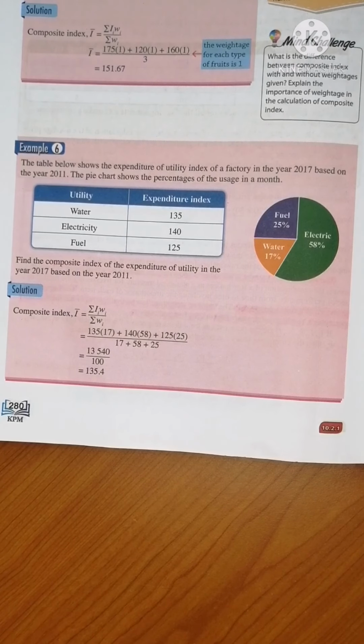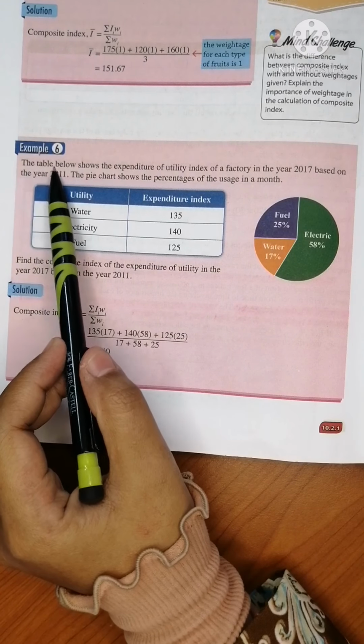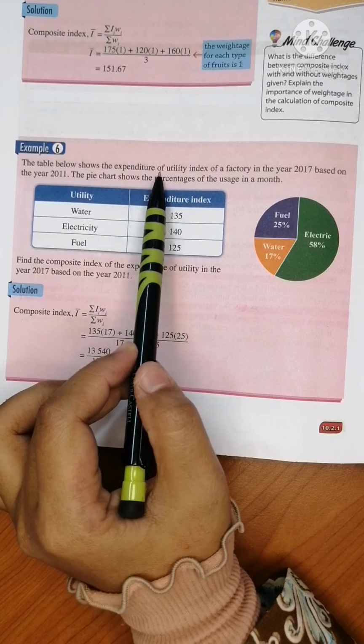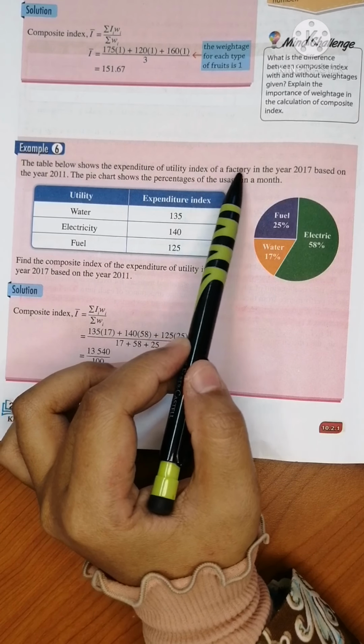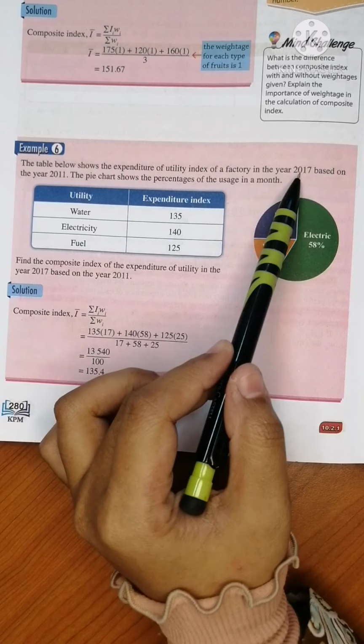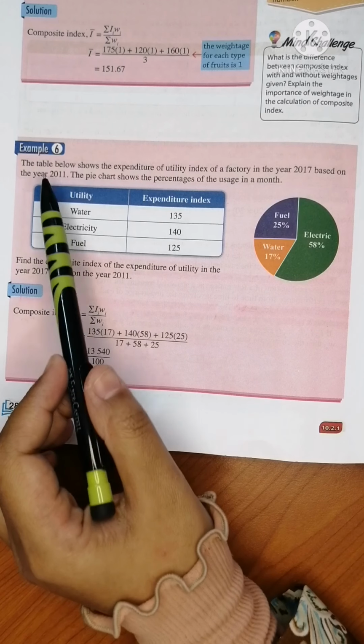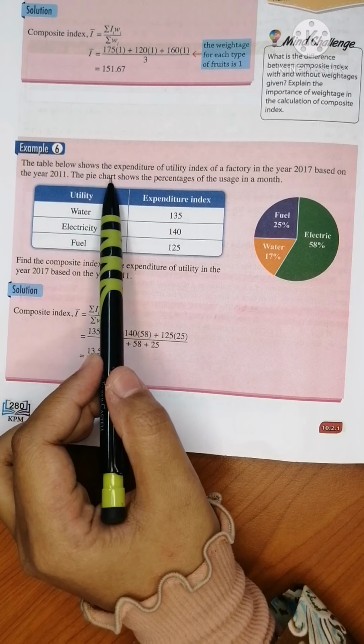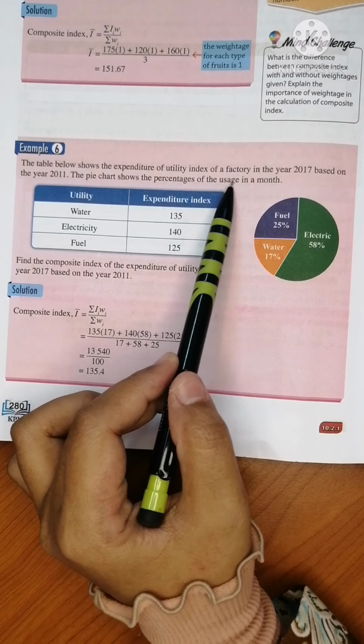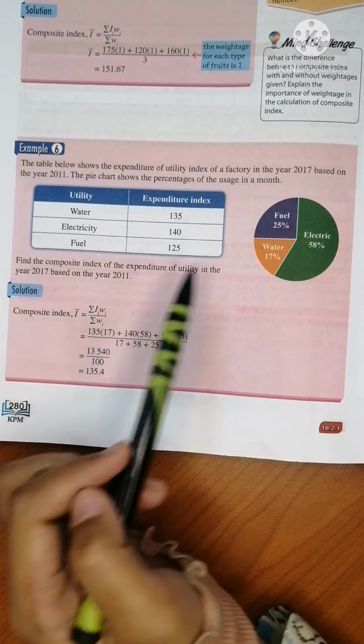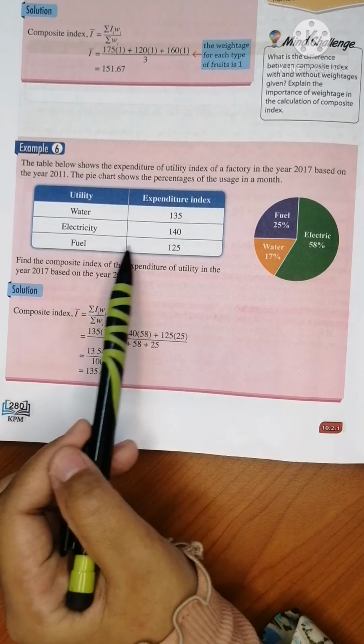Now class, look at example 6. The question says the table below shows the expenditure of utility index of a factory in the year 2017 based on the year 2011. The pie chart shows the percentage of the usage in a month. This is the pie chart, and this is the table given.